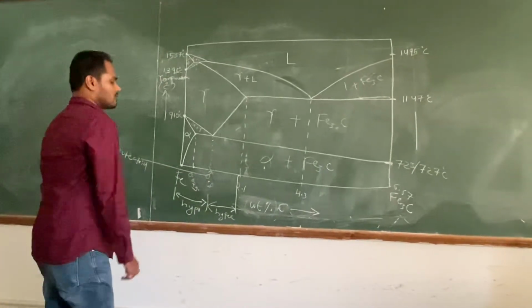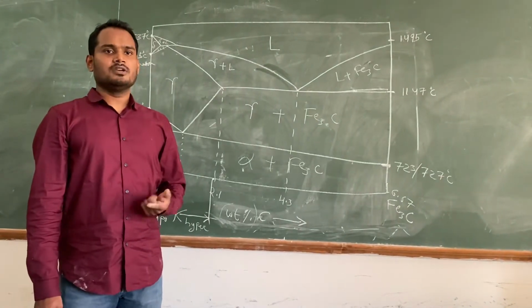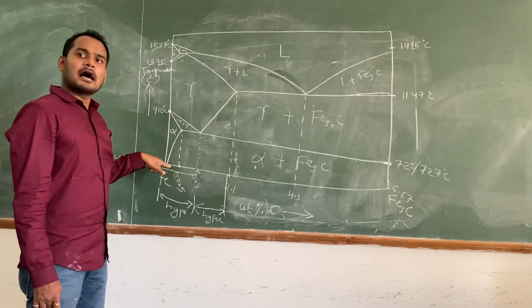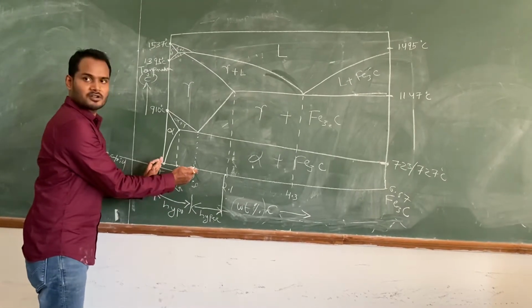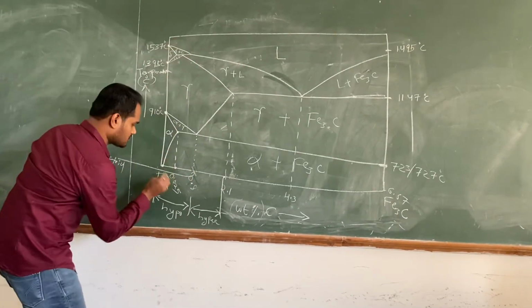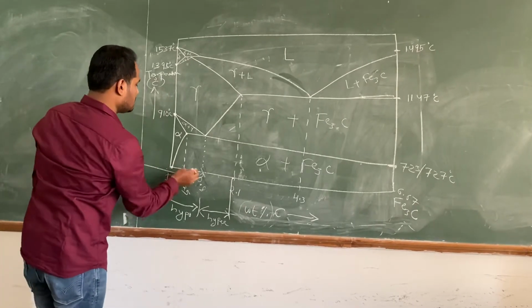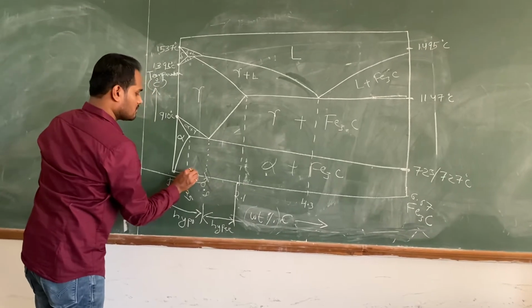Suppose somebody asks, show me the evolution of microstructure starting from liquid to room temperature in hypoeutectoid steel. I will consider this region only. Suppose I take a composition here, for example, in the hypo region.